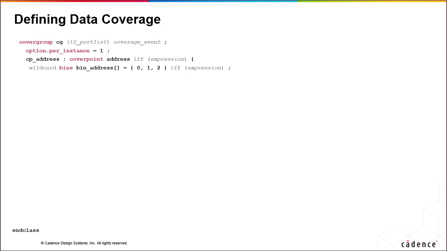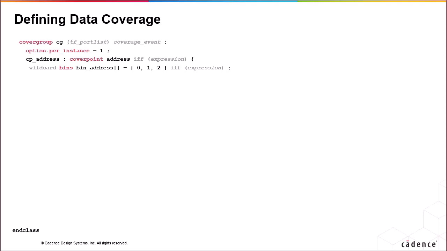Without the wildcard keyword, the counter increments only when that bit position of the covered expression is actually that specified high impedance or unknown value. We do not use the wildcard keyword here.